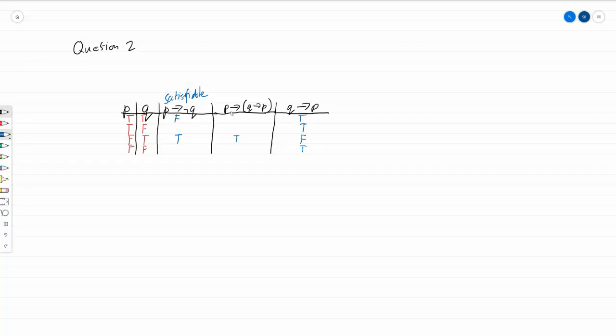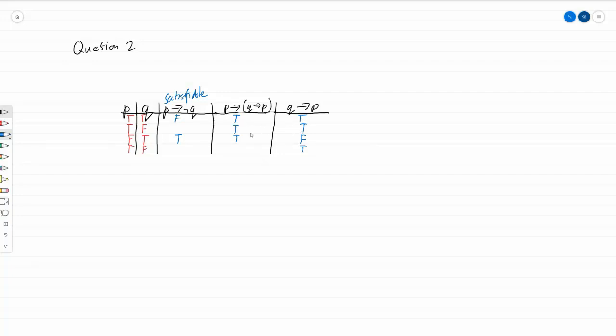So the only time we can make this false is when P is true. We need this to be false. So these top two options here are when P is true. But when we look at this, when P is true, Q implies P is also always true. So true implies true, which is true. And same down here. True implies true.